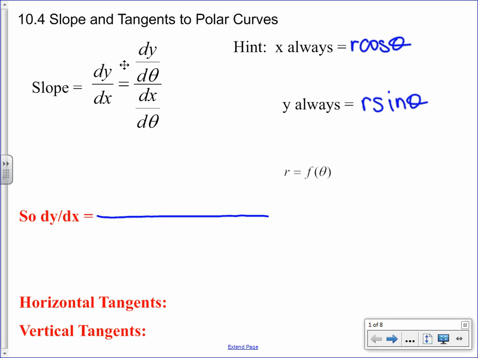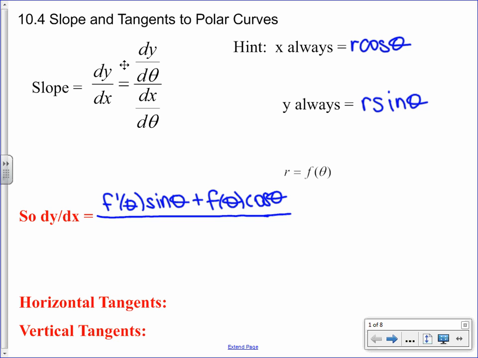So if r is f of theta, then when we do the product rule, we're going to have to take f prime of theta times sine theta plus f of theta times cosine theta. Shouldn't there be a negative in there? Where? With the sine theta?